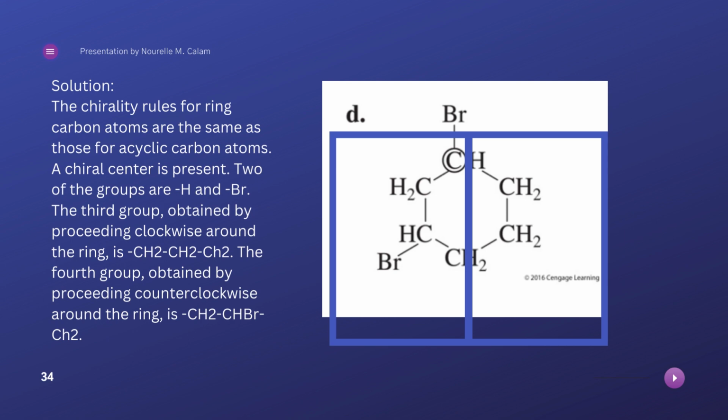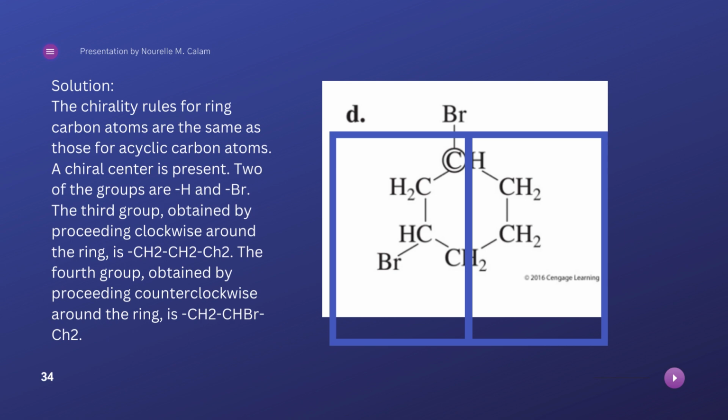Two of the groups attached to this carbon atom, rather, are the hydrogen and bromine at the upper hand portion of the illustration. The third group, obtained by going clockwise around the ring, is CH2, CH2, another CH2, and a third CH2.